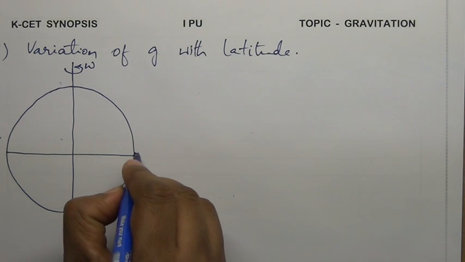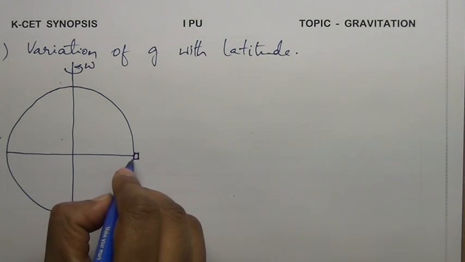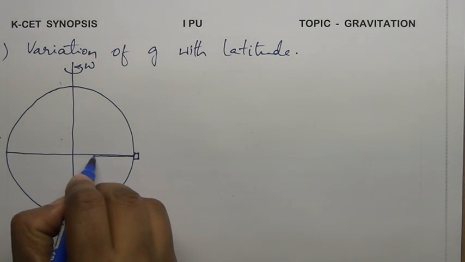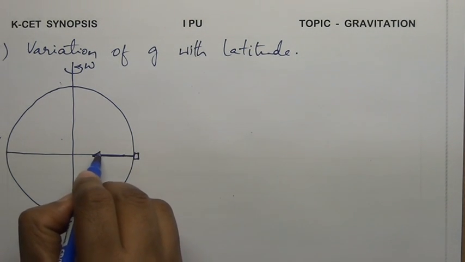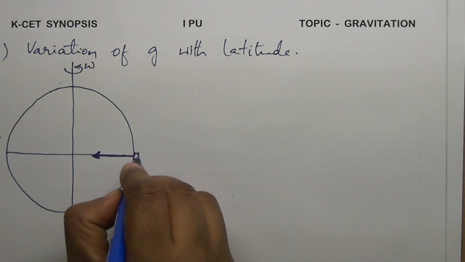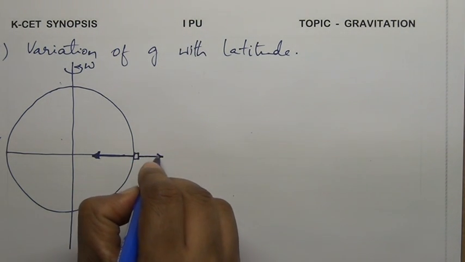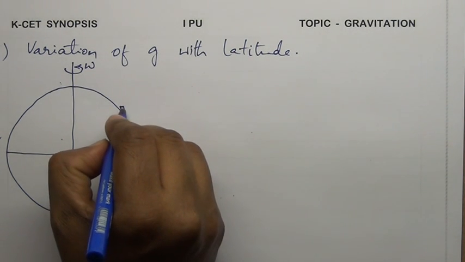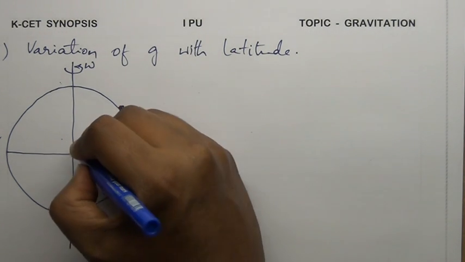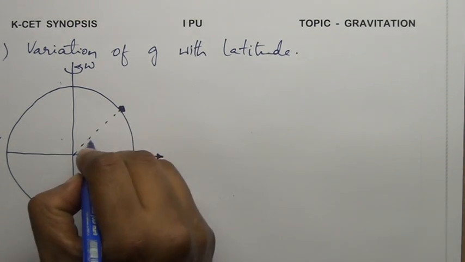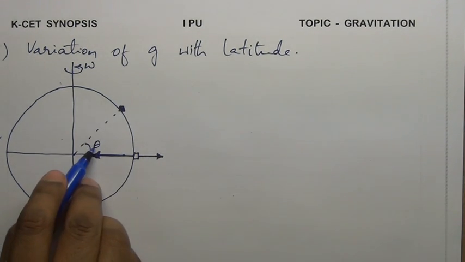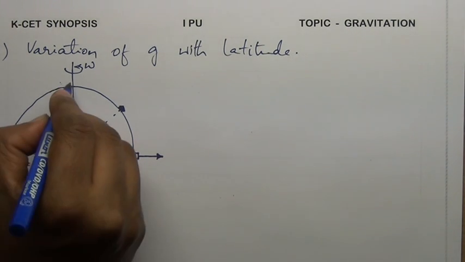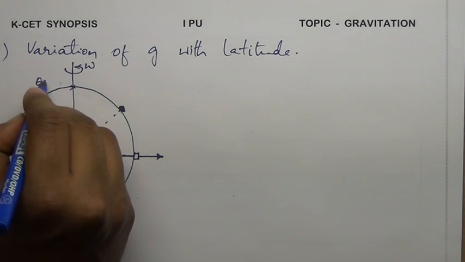Any object on the equator experiences two forces or two accelerations. One is acceleration due to gravity towards the center, the other is centrifugal acceleration. If the object is somewhere here where its latitude is theta, this is how latitude can be found. Therefore latitude for the equator is 0 and at the poles theta is 90 degrees.